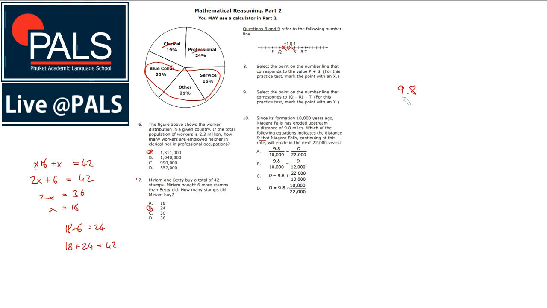If we divide this by 10,000, this will give us the distance that it erodes per year. And if we multiply the distance that it erodes per year by 22,000, that would give us the distance that it will erode in the next 22,000 years. So this multiplied by 22,000 would give us D.